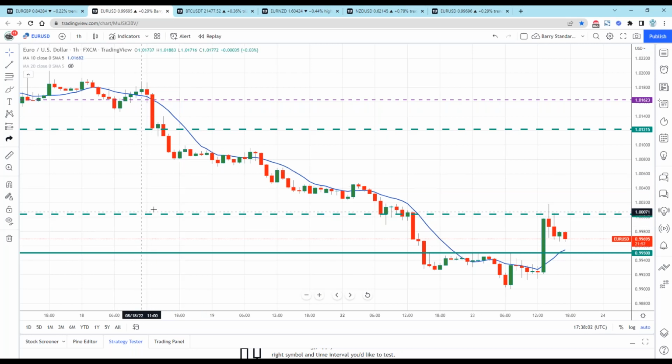If you notice these green lines, blue lines, dashed lines, dotted lines, these are my levels of support and resistance. They're not yours, they're mine, because support and resistance lines are individualized. And if you're not sure exactly what they are, you need to take a class in support and resistance.